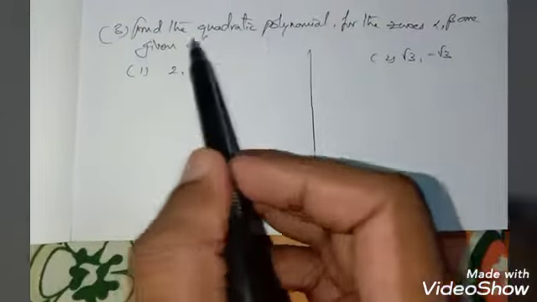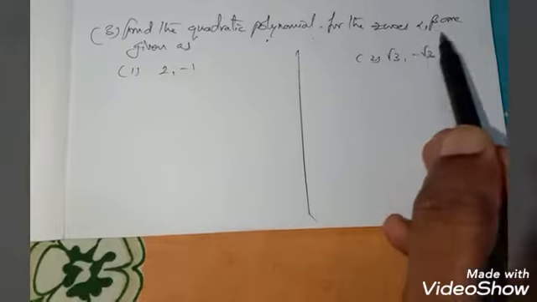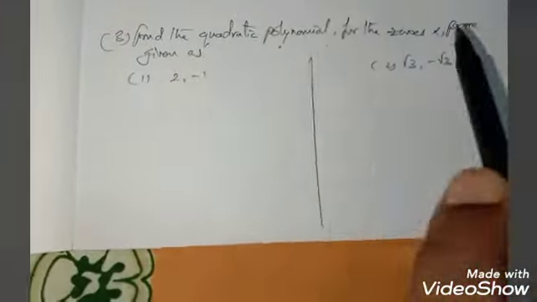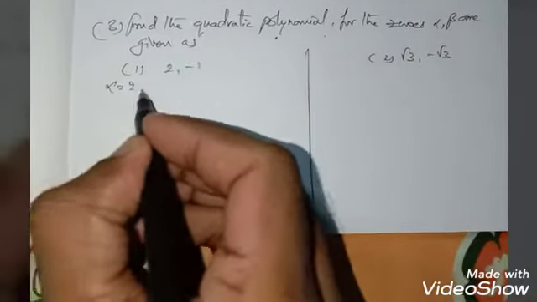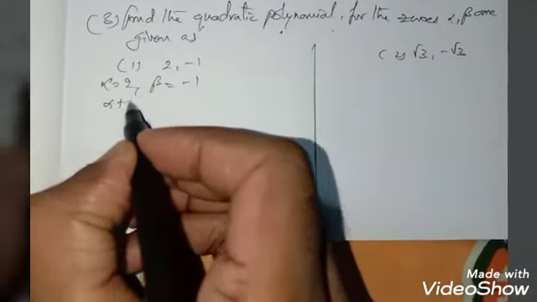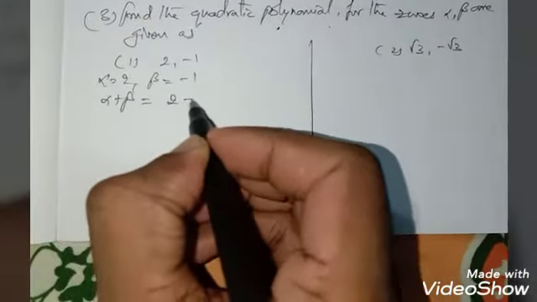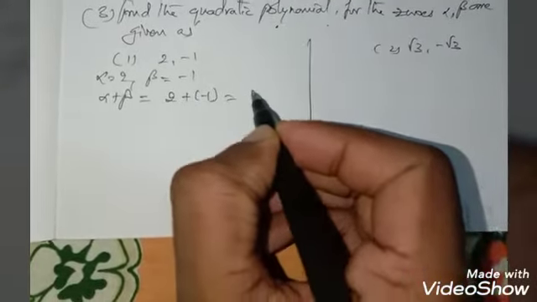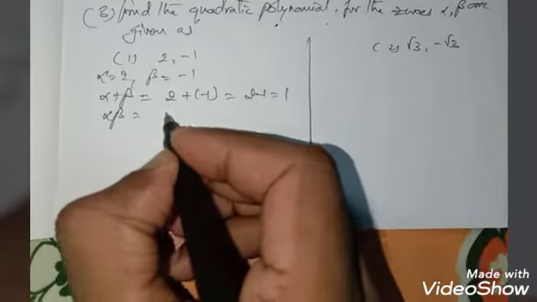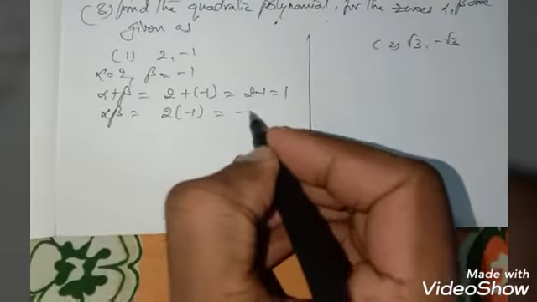If I go for the third bit, in the third question they have given: find the quadratic polynomial for the zeros alpha and beta that are given. So previously what they gave was the sum and product. Now what they have given is alpha and beta. So my alpha value is 2, beta value is given as minus 1. First you find alpha plus beta, that is 2 plus minus 1, that is 2 minus 1, which is 1. Next you find alpha beta, that is 2 into minus 1, that is minus 2.